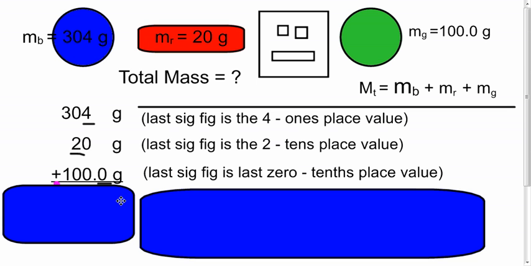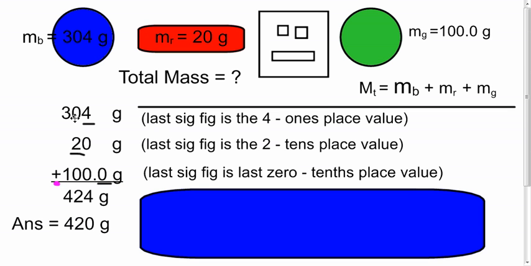Now, therefore, when I add these up, I get 424 grams. However, what I need to keep track of are the place values of the measurements. I look back, and this one was the tenths. The one above it is the tens and the ones. And the largest one is the tens.